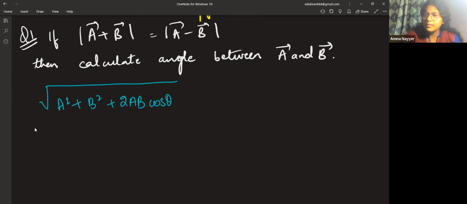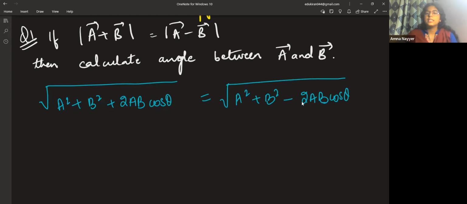This is how we write the magnitude of the resultant. And the magnitude of A minus B is given as square root of A square plus B square minus 2AB cos theta.